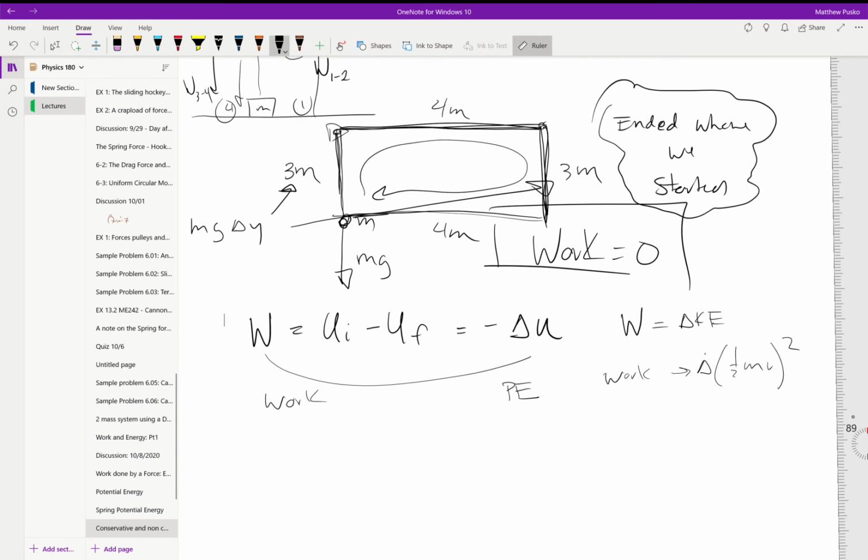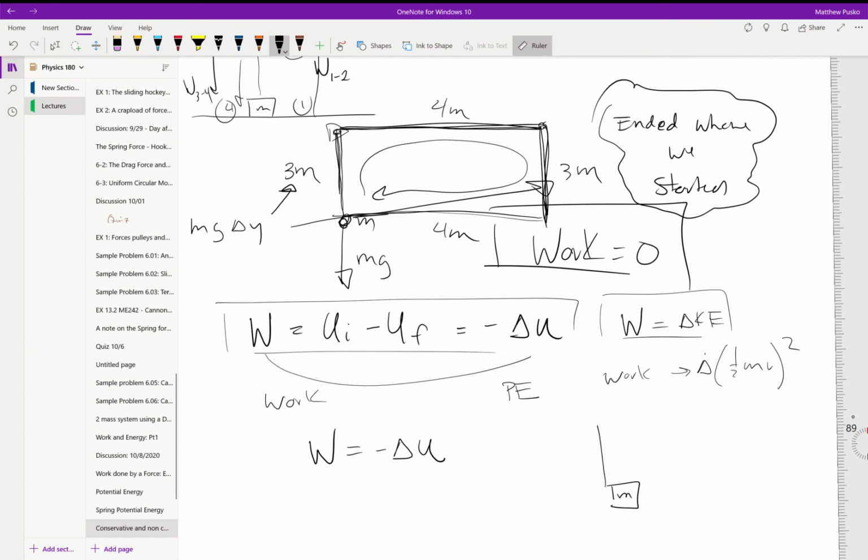So two different things used for different scenarios, but basically the work done is equal to the change in potential energy. If I had to lift a mass up and do so much work, right? Force times delta y, and the force is mass times gravity, and I lifted it some delta y.